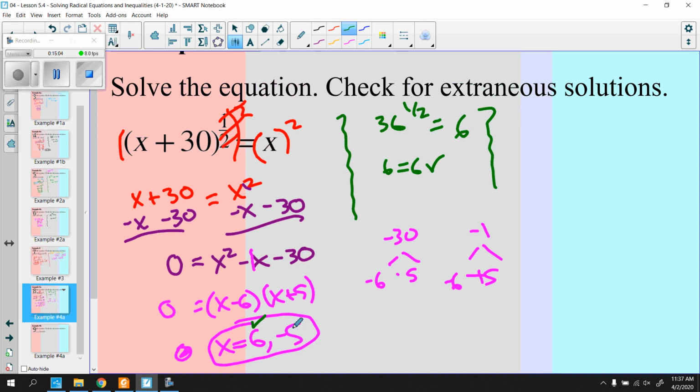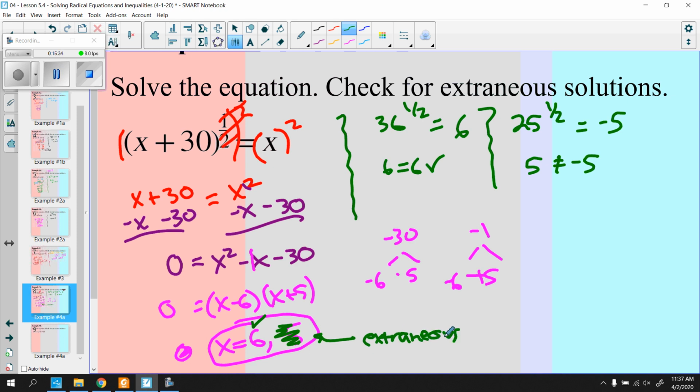So if I plug in a negative 5 here, I get negative 5 plus 30 is 25 to the 1/2 power. Okay, we can do that. But it's this right side now that we end up with a negative 5. 25 to the 1/2 is the square root of 25, which is 5, which is not equal to negative 5. So I want to make sure that in my final answer I take this off or identify this as extraneous.